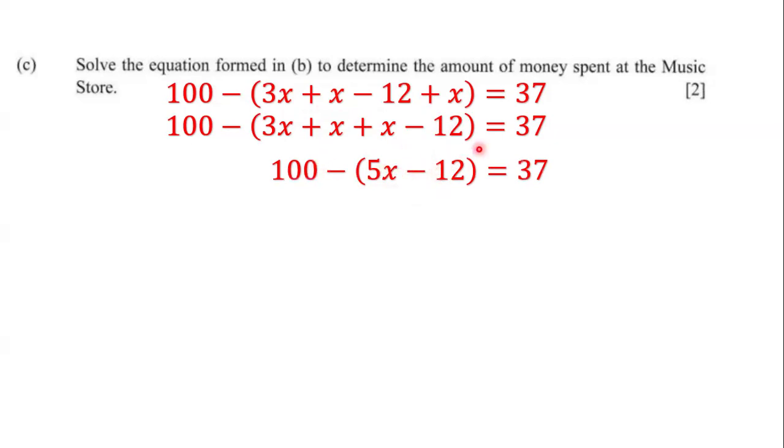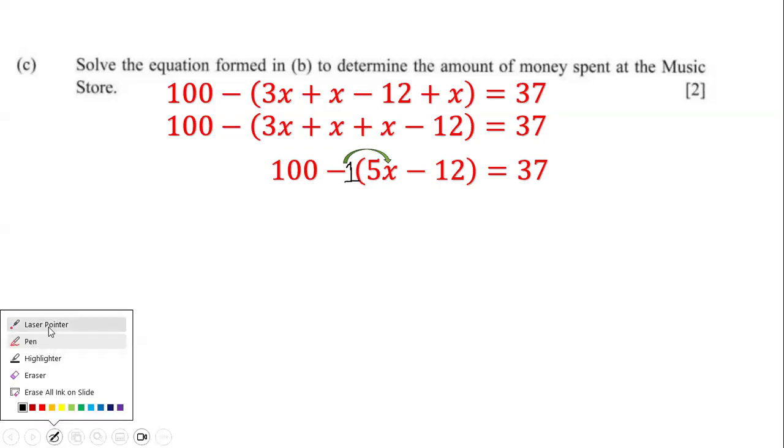We still have the 100 and the 37, which we bring down. So we have 100 minus (5X minus 12) is equal to 37. The next thing we're going to do is take this negative sign, which is really negative 1, and distribute it across the terms.